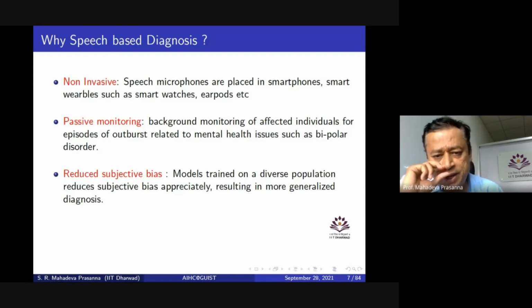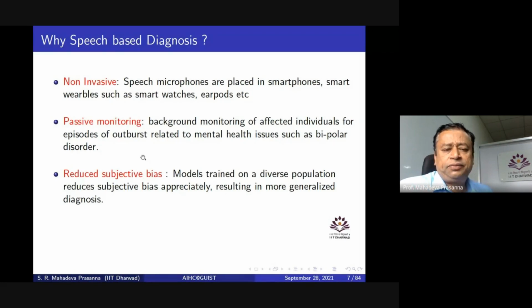So the end customer need not invest in a separate sensor to collect some physiological signal. With the existing consumer devices, we can collect speech in a non-invasive manner. That is one big plus for using the speech mode for diagnosis.